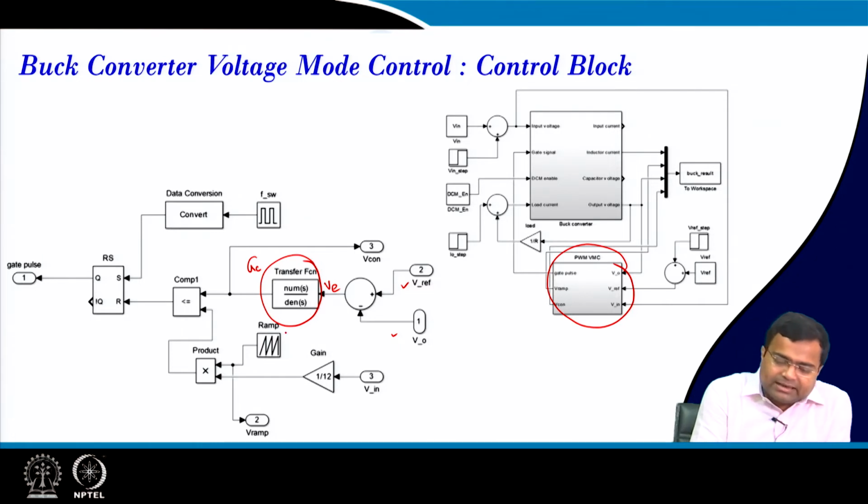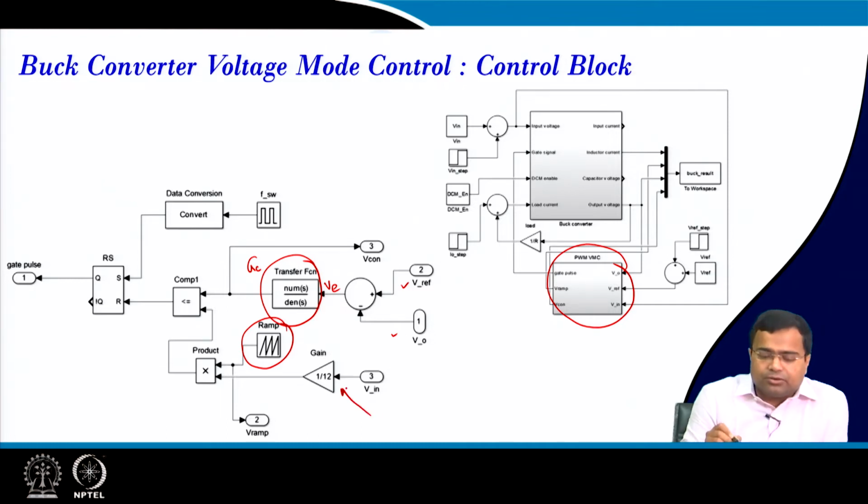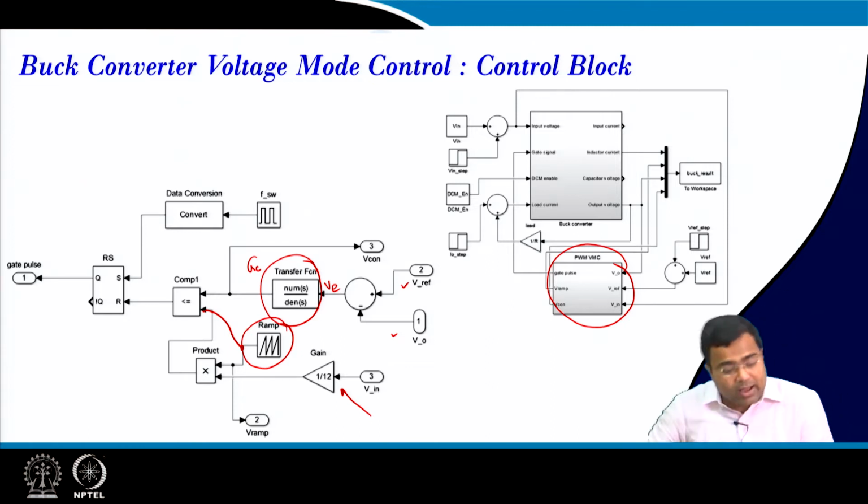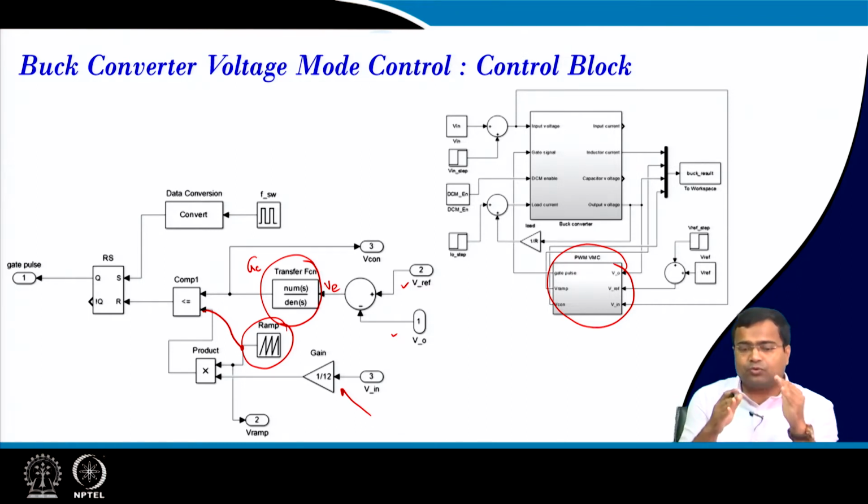Then here it is the ramp voltage, and along with the ramp we are considering input voltage feed forward. If you remove the input voltage feed forward, then this terminal can simply be connected with this ramp if you bypass the input voltage feed forward. And why is it used? Because we have discussed in our earlier course that input voltage feed forward will help to overcome the audio susceptibility problem or the line regulation problem in voltage mode control, because that is one of the problems.